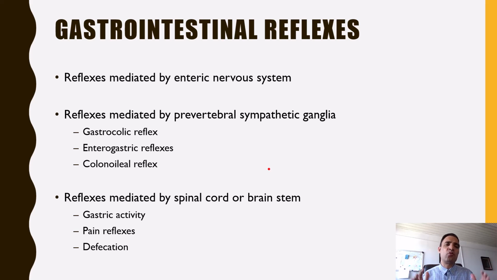On the other hand, the abdominal muscles should be activated, and then defecation will happen. This shows that we have different types of reflexes, and these are generated by different types of connections and reflex arcs.